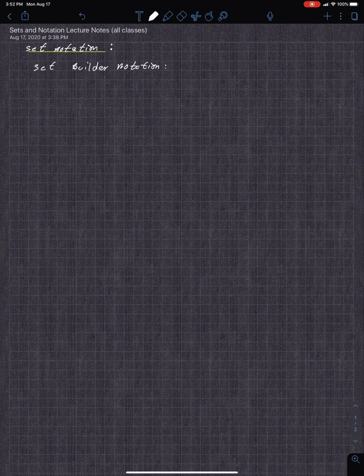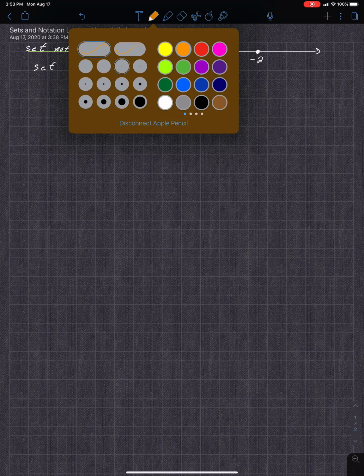Okay, so set builder notation looks something like this. If you wanted to talk about a piece of a number line, we basically want to break down subsets of the real numbers. So suppose we wanted to go from, say, -2, and then say we're going to approach negative infinity.